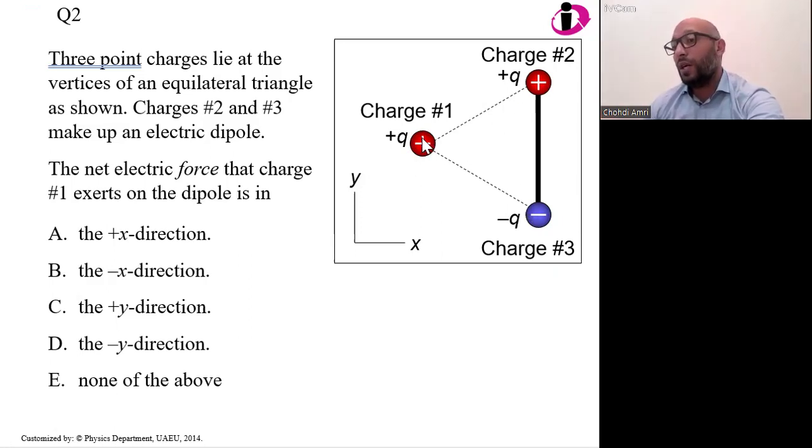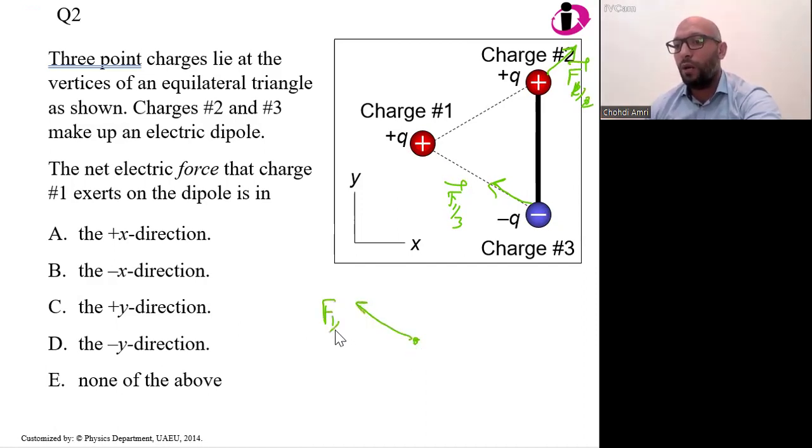At first, let's try to draw the force exerted by 1 on 3. It's attractive, F1 on 3, and this is F1 on 2, which is repulsive. Let's draw the two forces at the same point.